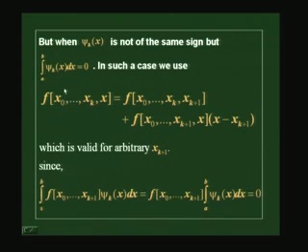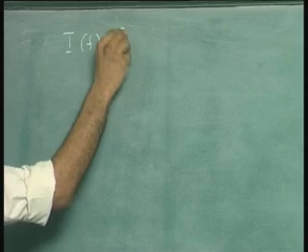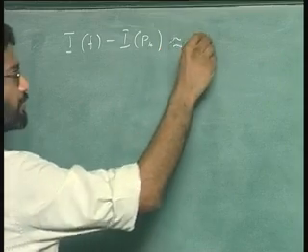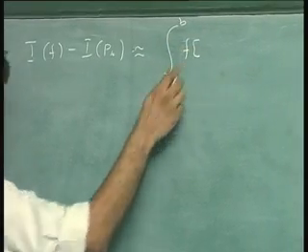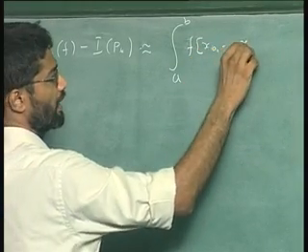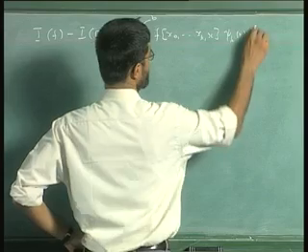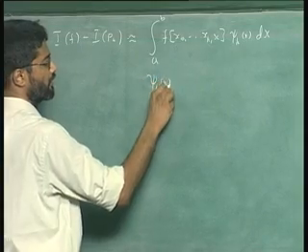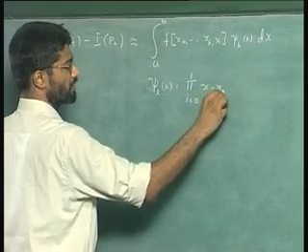Remember that we had the approximation for the integral I of f by I of p k, and then we said that the error is of the order of the integral from a to b of this coefficient of the k plus 1th term in the polynomial, which is f of x0 ... xk x, times psi k of x dx, where we said that psi k of x is the product over i going from 0 to k of x minus xi.